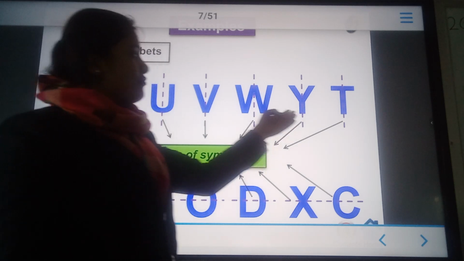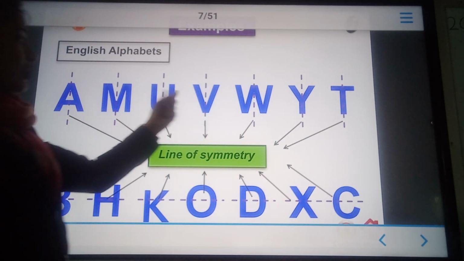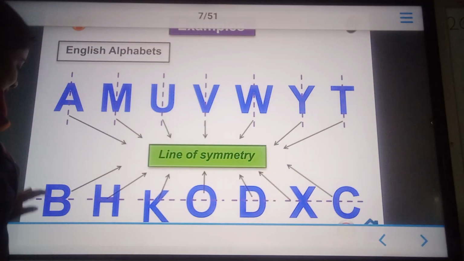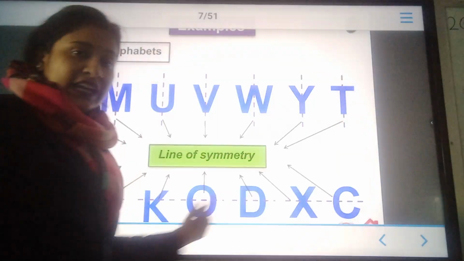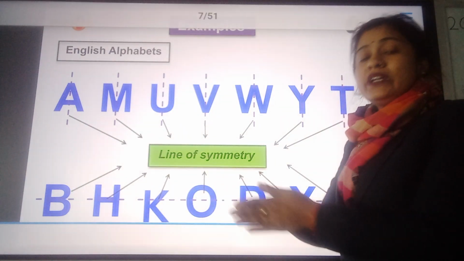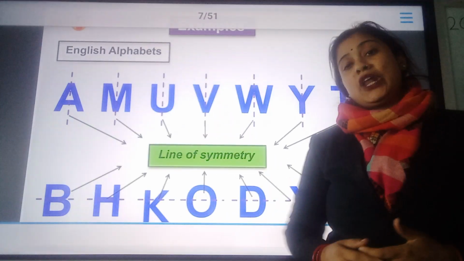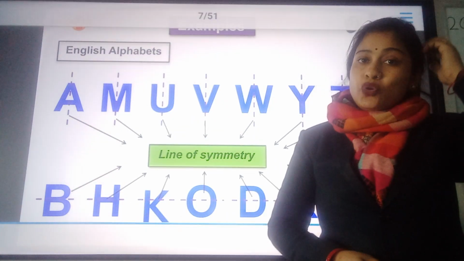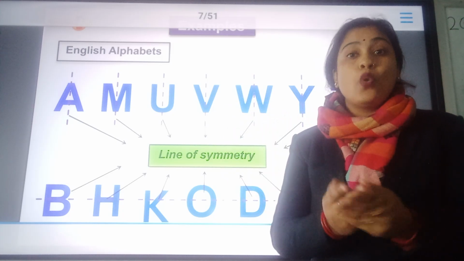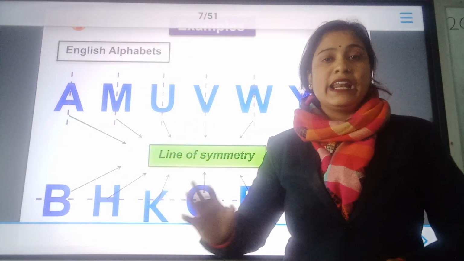That means when we draw vertical lines, the two parts we get are exactly symmetrical. And in some of the figures we have a horizontal line of symmetry. That means if I fold the lower figures about their horizontal line of symmetry, or the upper figures along their vertical line of symmetry, the two parts are exactly going to overlap each other. So it is not that this only occurs with English alphabets.